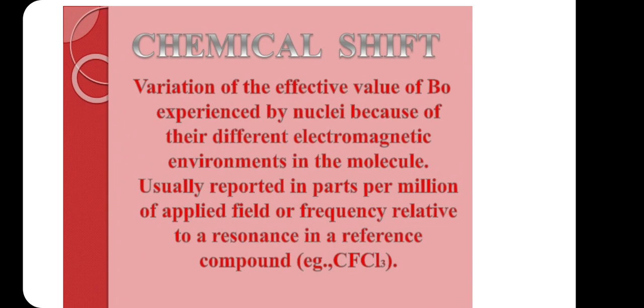Fluorine-19 NMR chemical shifts are more difficult to predict than proton NMR chemical shifts. Fluorine-19 NMR shifts are strongly affected by contributions from electronic excited states, whereas proton NMR shifts are dominated by diamagnetic contributions. Chemical shift is the variation of the effective value of B0, that is, the external magnetic field, experienced by nuclei because of their different electromagnetic environments in the molecule.